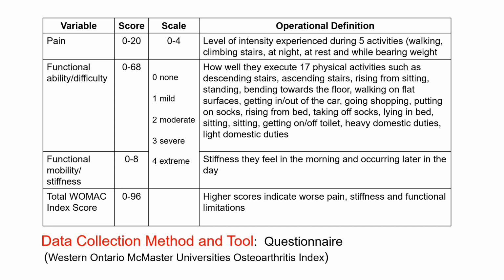Pain is defined as the level of intensity experienced during 5 activities on a scale of 0 to 4, 0 as no pain and 4 as extreme pain. Functional ability or difficulty is how well they execute 17 physical activities, on a scale of 0 to 4. And functional mobility or stiffness is the stiffness they feel in the morning and occurring later in the day, again on a scale of 0 to 4.